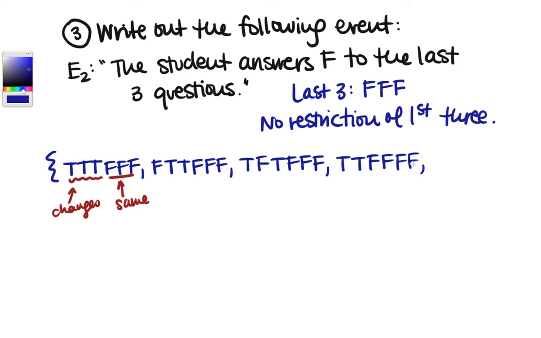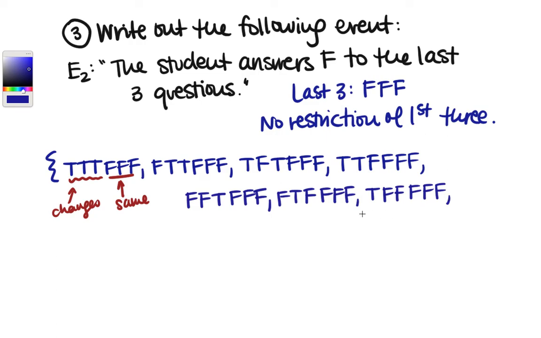We could have 2 F's. So F, F, 1 T, and those last 3 the same. And similarly, we can think about this as there's only 1 T, and that's in that 3rd spot. It could also be 2nd or 1st. So we could go F, T, F, and those last 3 F's, or we could go T, F, F, and those last 3 F's.